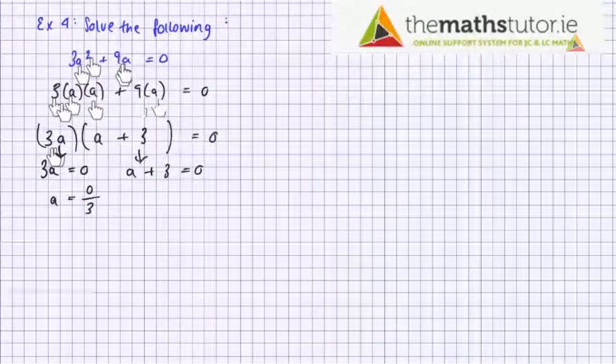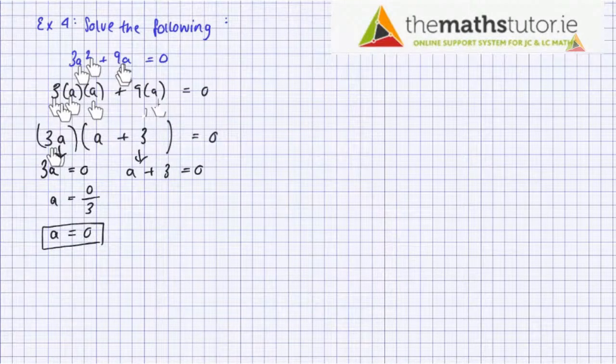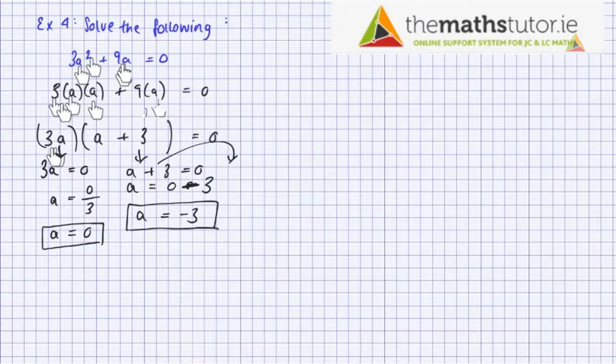Now 0 divided by 3 is 0, so that's one solution, a is 0. The next solution, a plus 3 equals 0, so a is equal to 0. We're going to bring the 3 over here, so it's going to be 0 minus 3. So a is equal to minus 3, and that's your other solution. So a is equal to 0 and a is equal to minus 3.